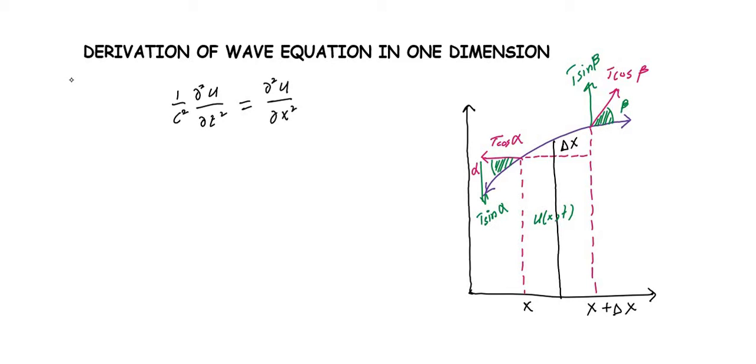Here your constant c squared is T by rho. So this is your equation.